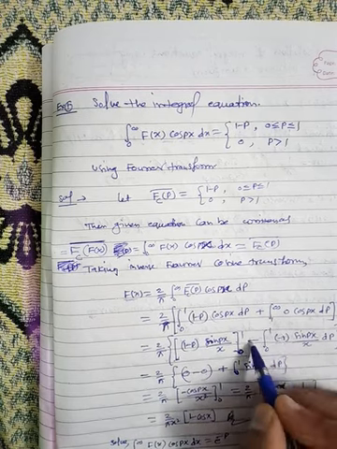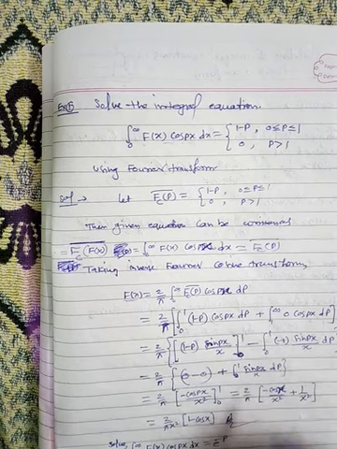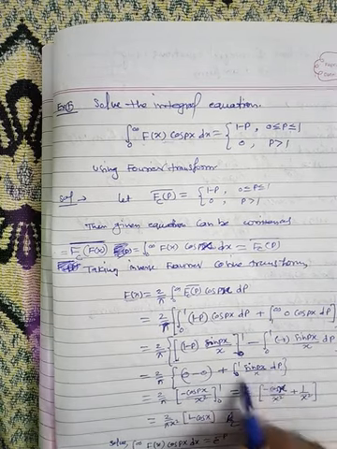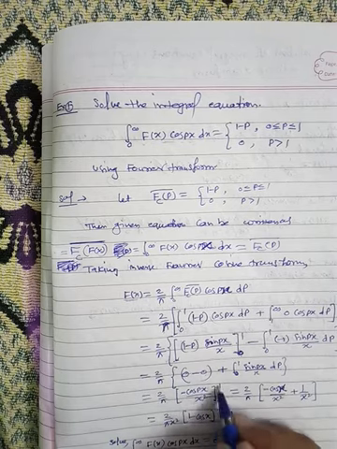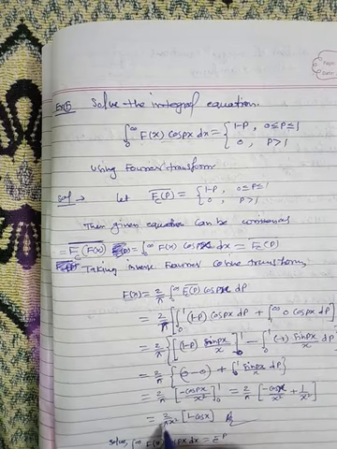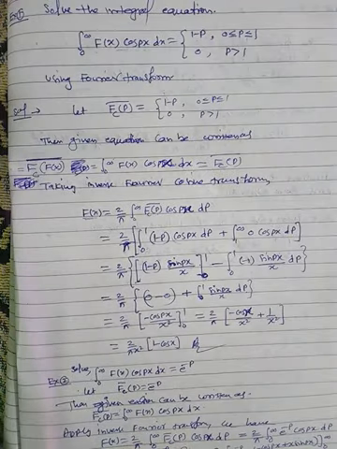Minus minus becomes plus, plus the integral from 0 to 1 of sin px by x dx. Again integrating with respect to p, we get minus cos px by x square from 0 to 1. After simplification, 2 by pi x square, times 1 minus cos x. So this is the solution of this problem.